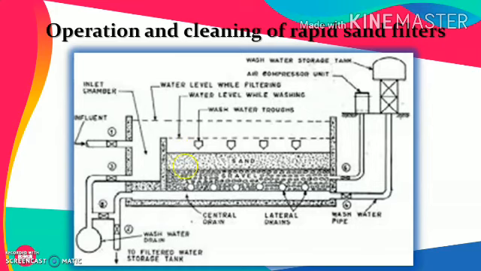After the filtration, it goes into the supporting gravel and then it will enter into these laterals. These laterals then will convey the water to this manifold, and this manifold will convey this filtered water to the underground storage tank.